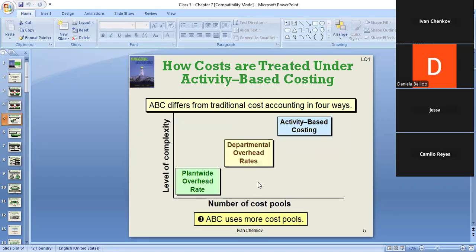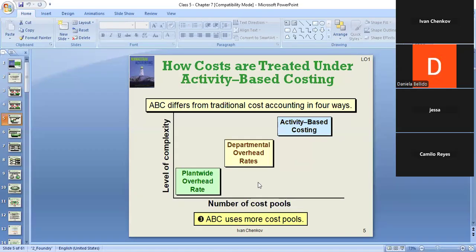The level of activity or complexity that we can have in the simple traditional costing system will be a very, very simple system. Again, we can use the plant-wide overhead rate. How are we going to get a plant-wide overhead rate?